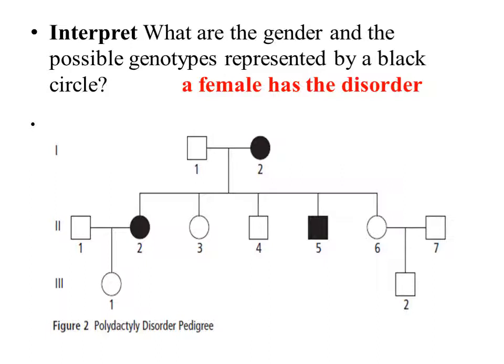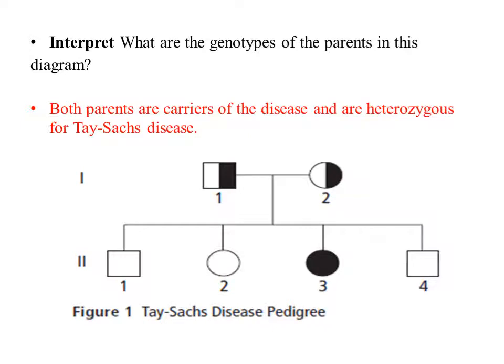Can you guess the genotype of the females here? Yes, heterozygous. Because only one dominant allele shows the phenotype or the disorder, polydactyly, because it is a dominant disorder. Dominant disorder means the dominant allele shows this disorder.